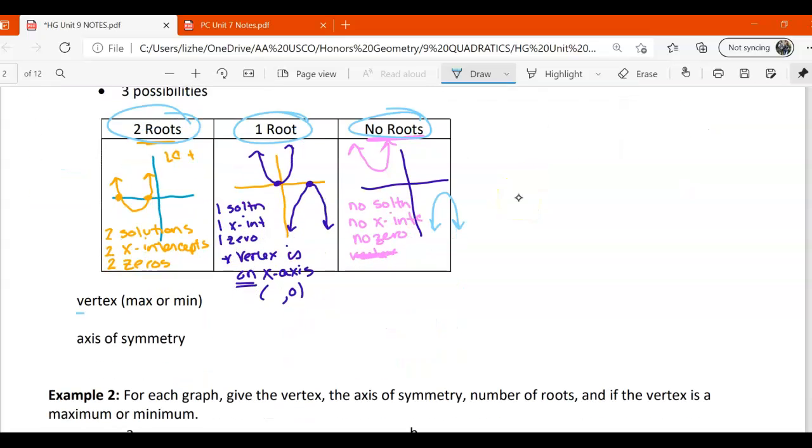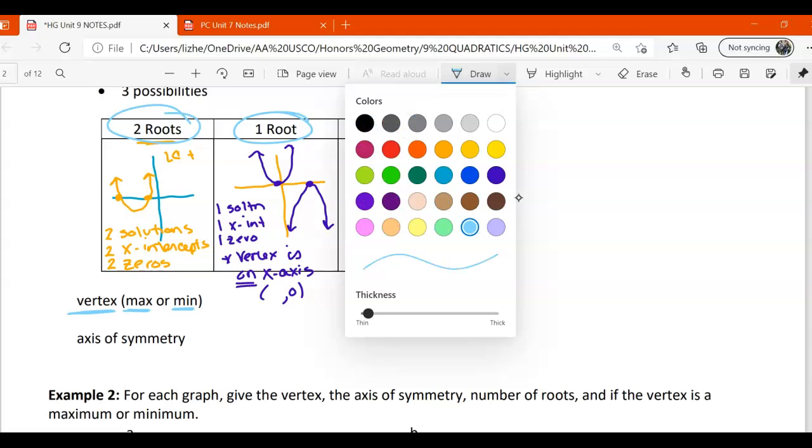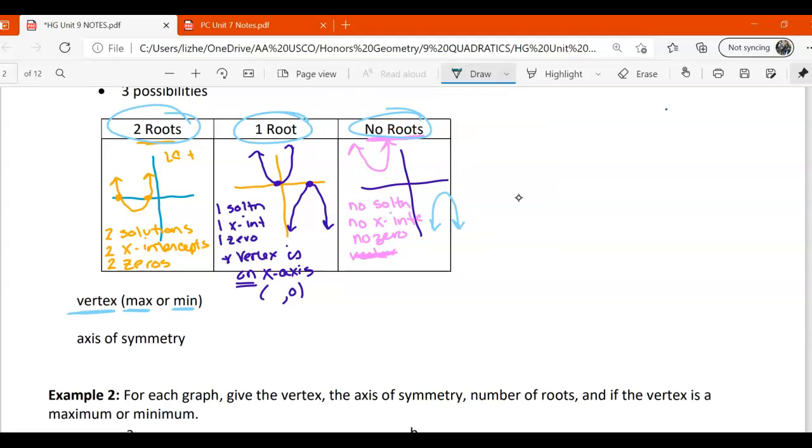So the vertex, as we talked about, is the turning point. And so we have this word maximum or minimum. So on this graph right here, here's my vertex. I would say that vertex is a minimum because every other point is above it. This is the lowest point on the graph. So this vertex is a minimum. Okay?